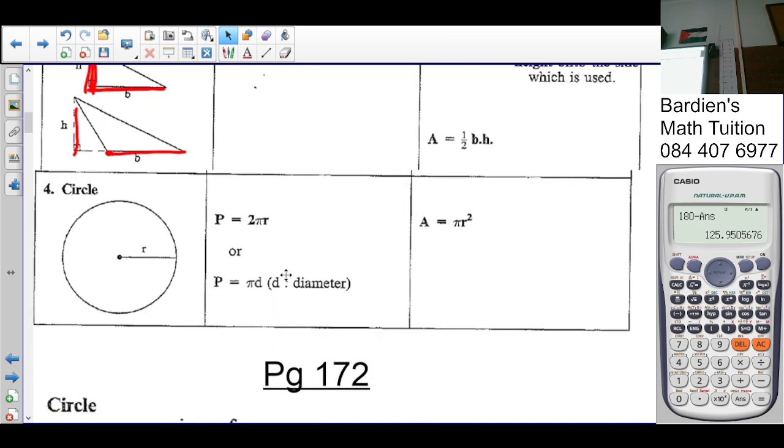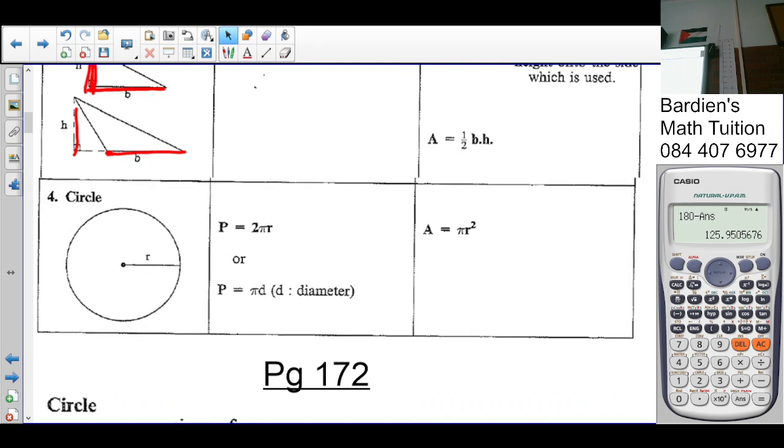And the next one is the area of a circle. For those of you who don't know how to draw that symbol, it will be that, pi.